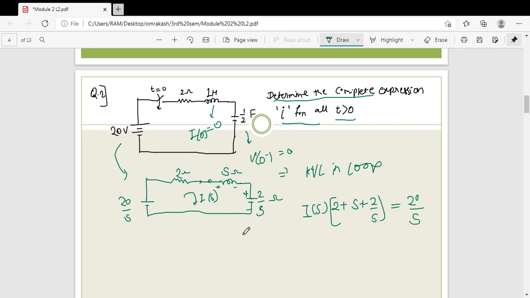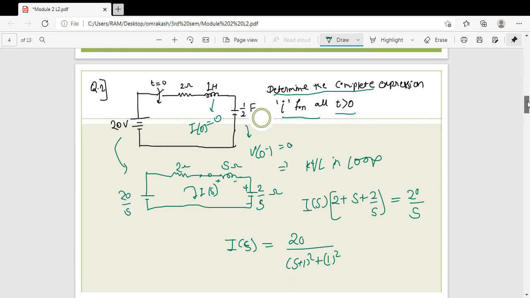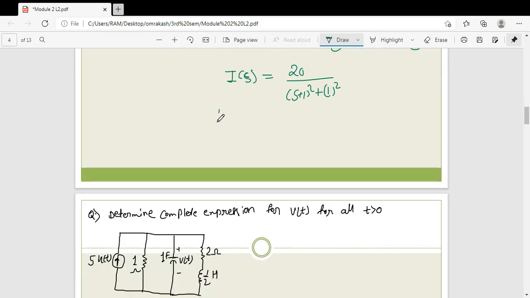Now, when you solve this, you will find this I of S is equal to 20 by (S plus 1) whole square plus 1 square. Now you need to take the Laplace inverse transform, then you will get this I of t, which is nothing but the Laplace inverse of I of S. Now this is your homework.